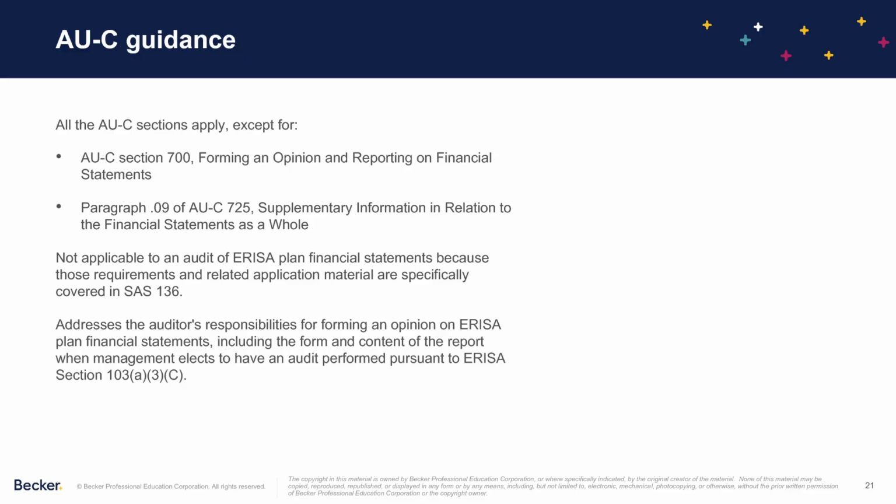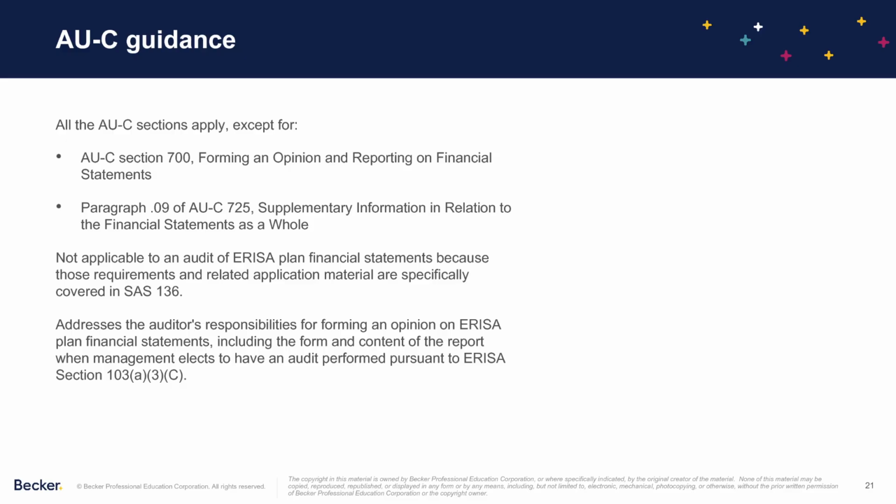So we are not going to apply those items, and as a result, we're going to follow all of the other AUC sections except for those two areas. Those are not going to be relevant simply because we have very explicit guidance that's specific to ERISA plans in SAS 136 for those areas.